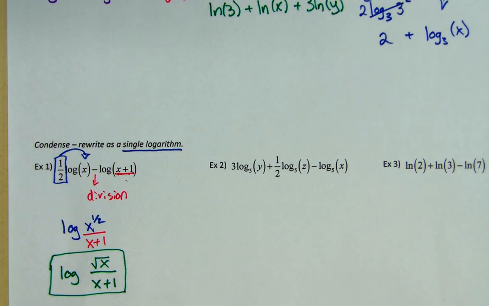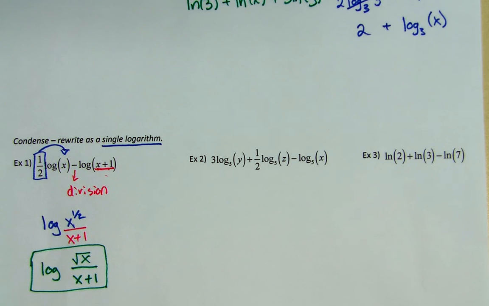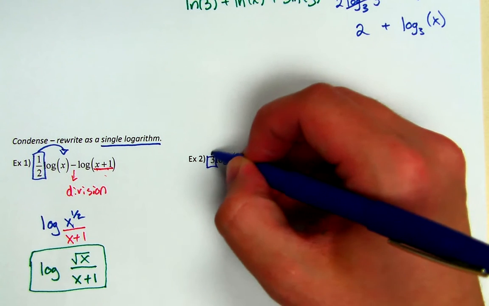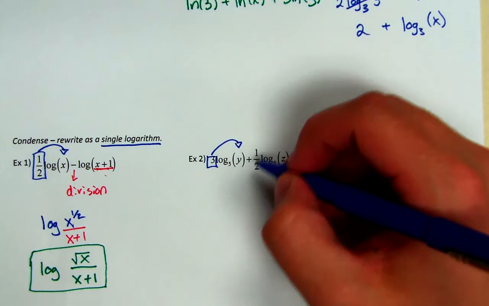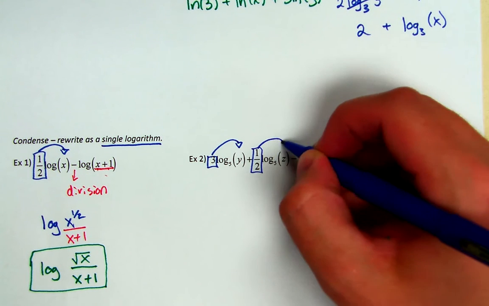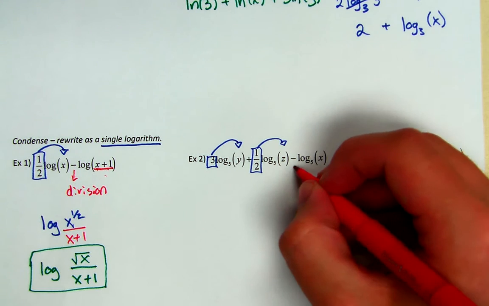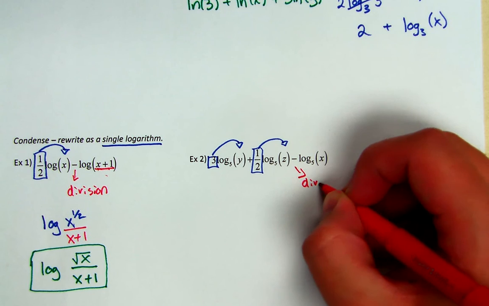And again, condensing, all you're doing is working backwards. So I see this 3 out front, that tells me put it up as a power. I see a 1/2 out front, again, put it up as a power. There's nothing there. The subtraction tells me I need to divide.